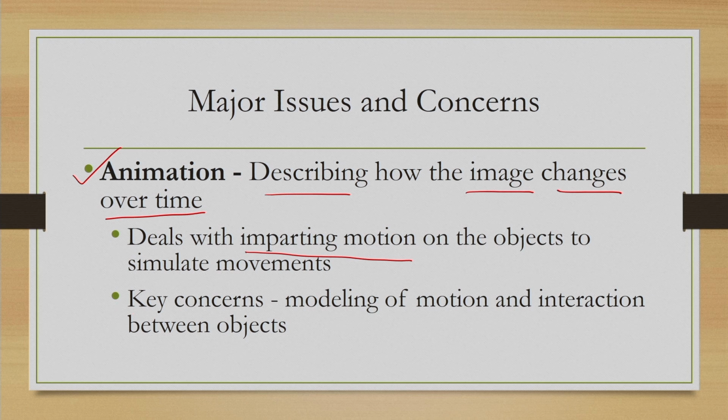Then the key concerns here are modeling of motion and interaction between objects during motion. So, the three major issues related to software are modeling of objects, rendering of objects, and creation of animation.